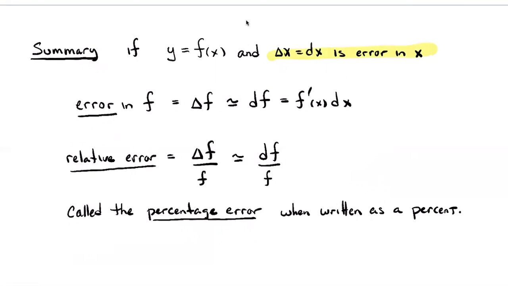Then the error in the function, I mean the output, is always approximated by the differential, which I'll just remind you is the derivative times this independent variable dx. That's the change in x. That's the error. The relative error is that output compared to the total, approximated by the differential. That's the part we compute. And if you want to write that as a percent, then it's called the percentage error.